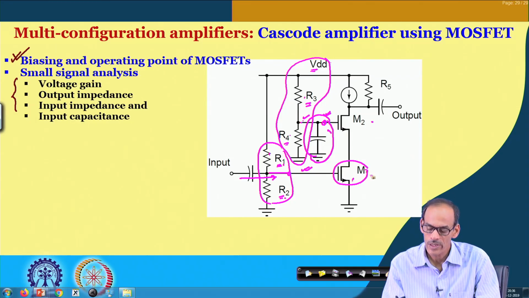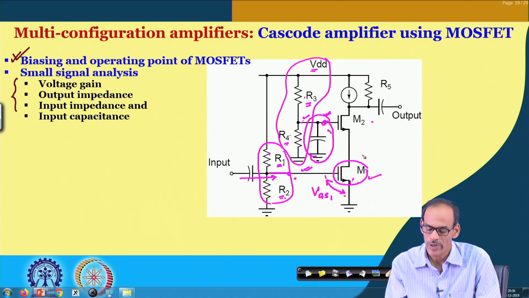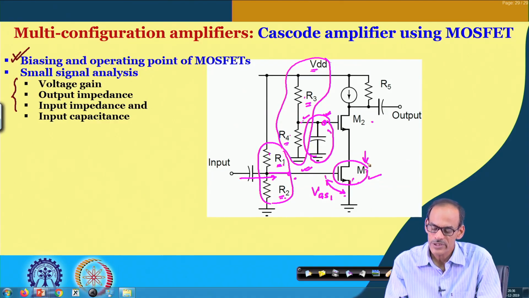Now, M1 is getting its gate voltage and its source node is connected to ground. So, that gives us a VGS for this transistor, and this VGS and its dimension provide an expression of this current. Now, this current is coming from M2.